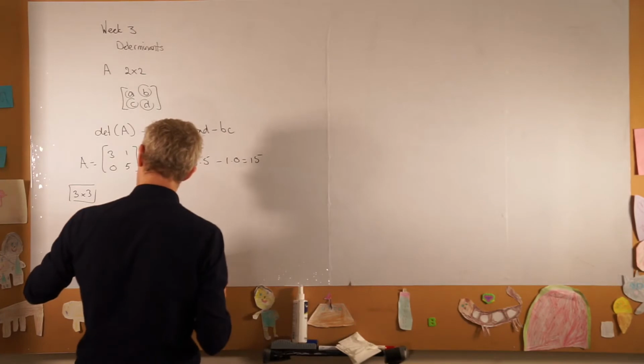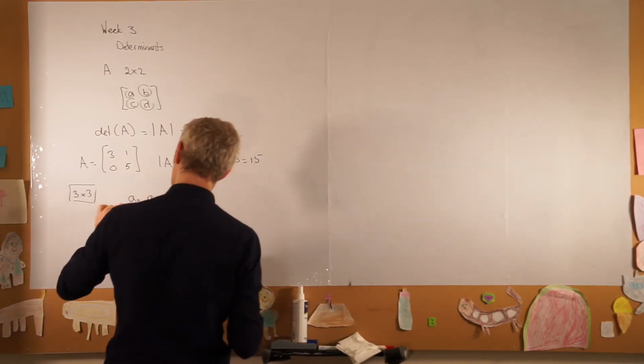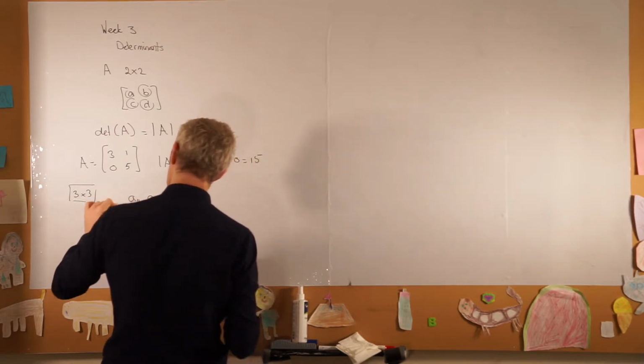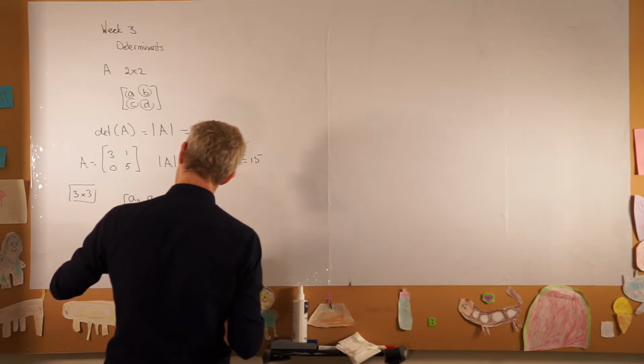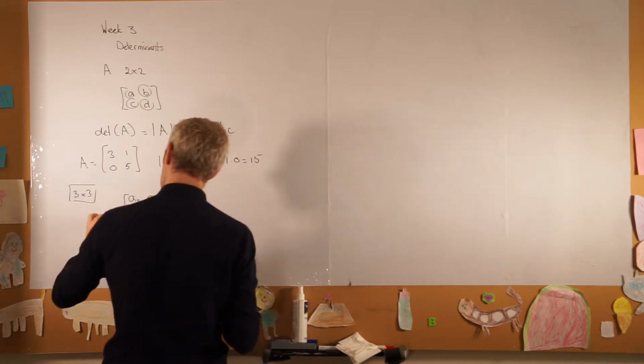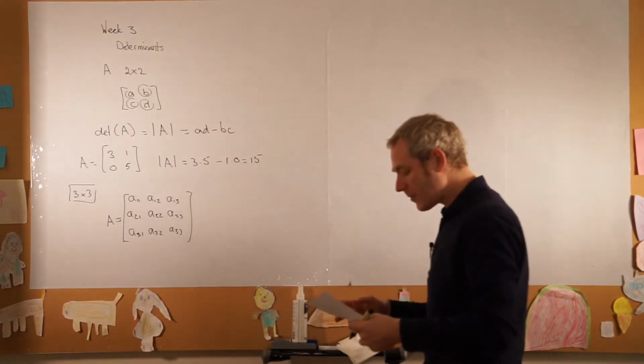So a 3 by 3 matrix A is given by A11, A12, A13, that's the first row, A21, A22, A23, that's the second row, and A31, A32, and A33. So this is a general 3 by 3 matrix.